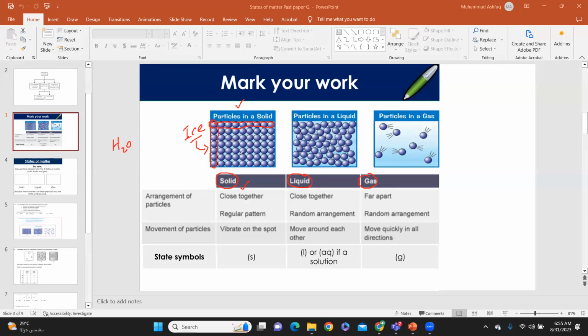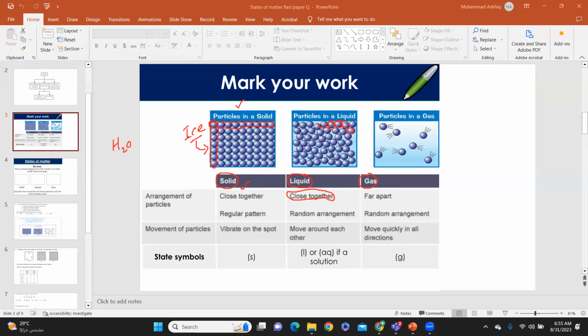On the basis of that property, we move toward liquid. Here you can see the particles are also close together. Understand? Look, again they are very close together.